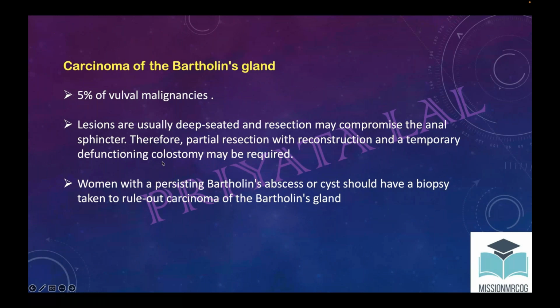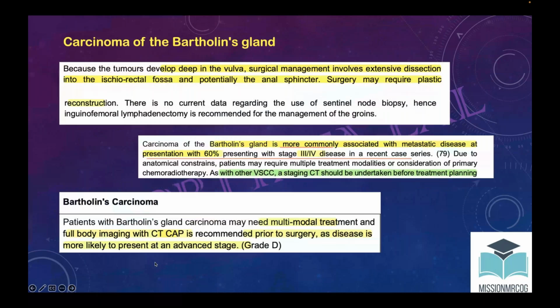Now, what the guideline says is that it develops deep in the vulva, so the surgical management would involve extensive dissection. Potentially the anal sphincter may be involved and may require plastic reconstruction. In Bartholin gland carcinoma, there is no evidence or data for sentinel lymph node.